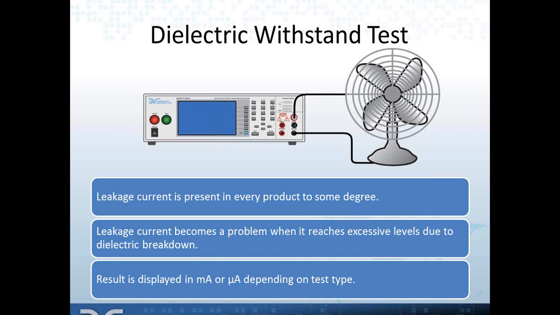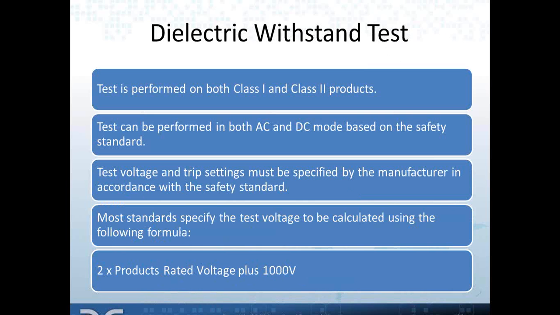The result of a hi-pot test or a dielectric withstand test is usually displayed in milliamps or microamps depending on the test type. Now this test is performed on both class 1 and class 2 products. This test can also be performed in both AC and DC mode, again based on the safety standard.